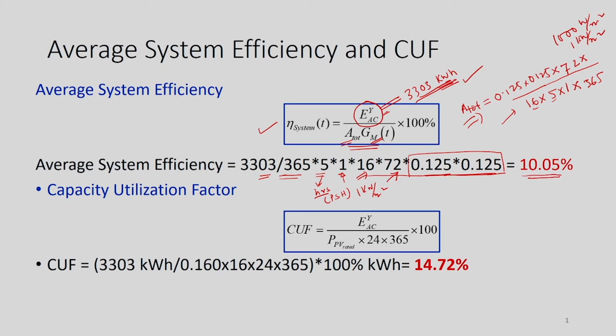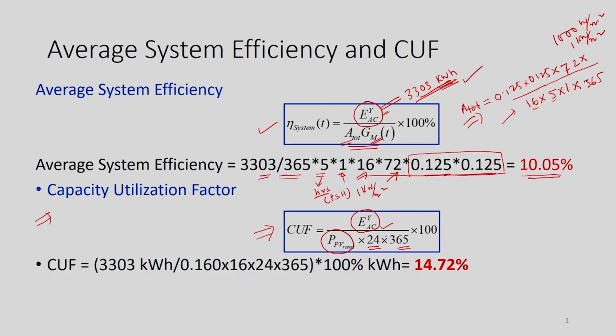Now, come to the capacity utilization factor. We know this expression for calculating it. The yearly energy yield in the AC side we already know, and the PV rated power is known to us, and it is for 24 hours, then 365 days.